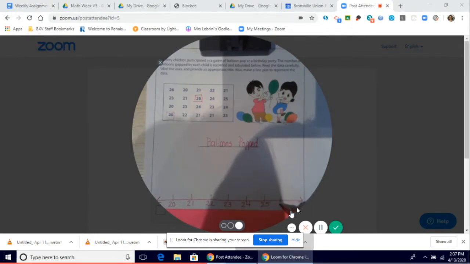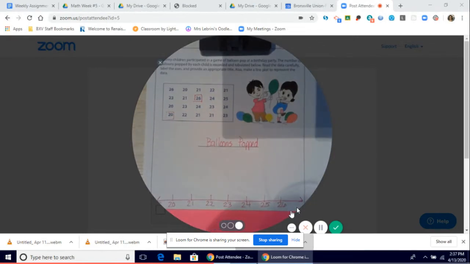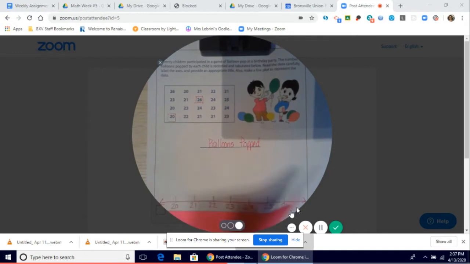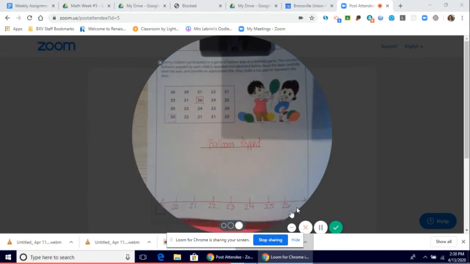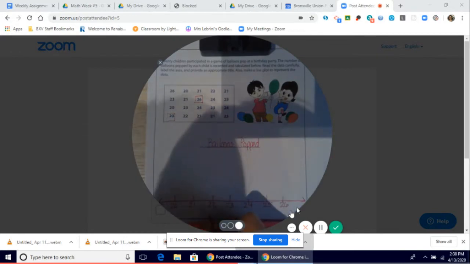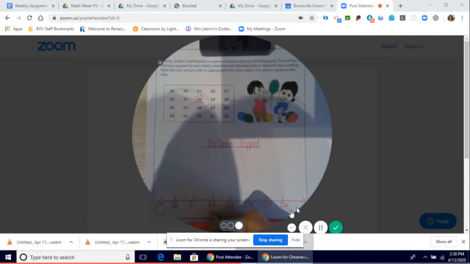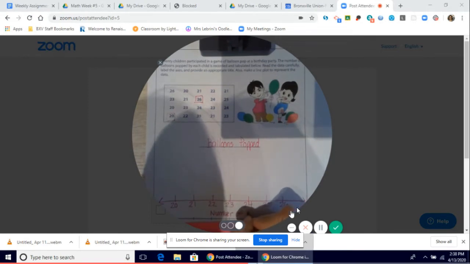A 25, and a 26. So that is the range I'm going to be using, okay? And then I want to label my axis. So I'm going to label my axis by calling it number of balloons popped.